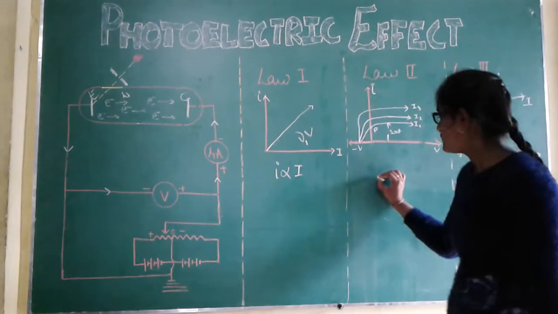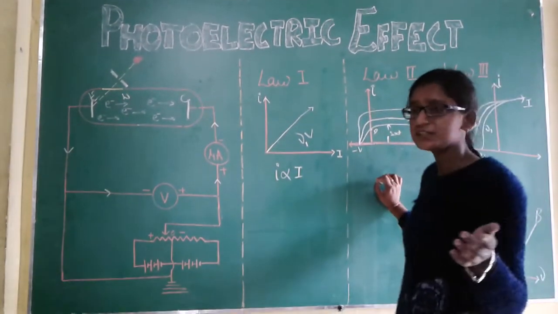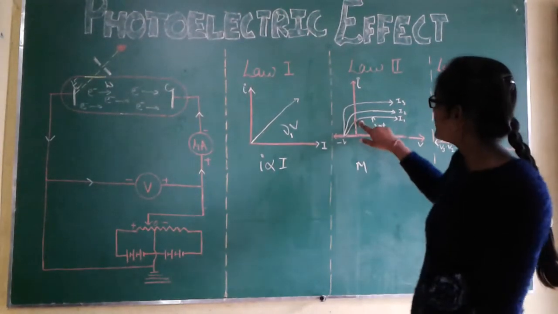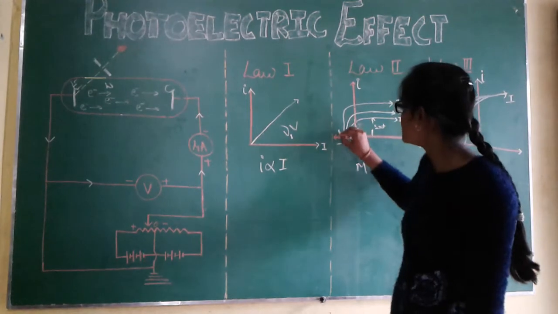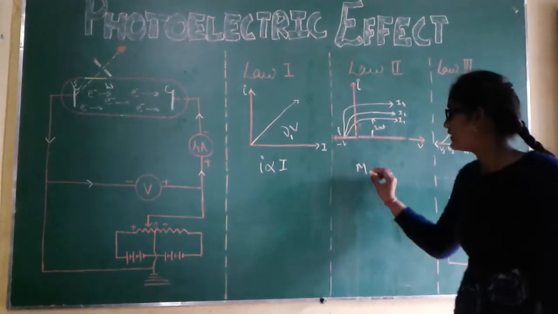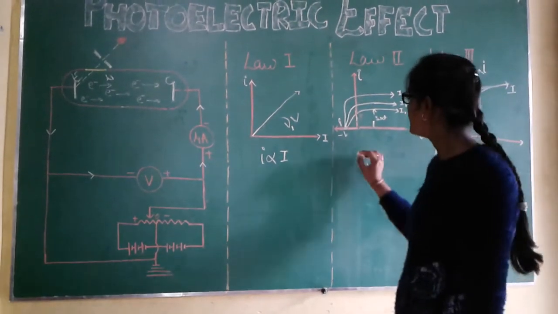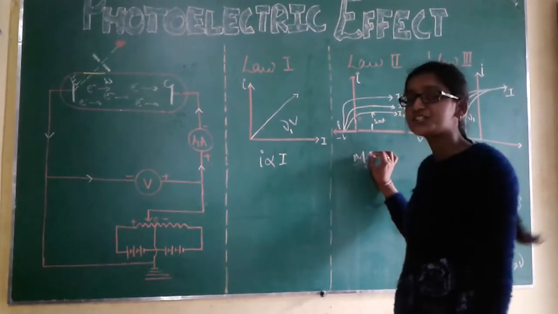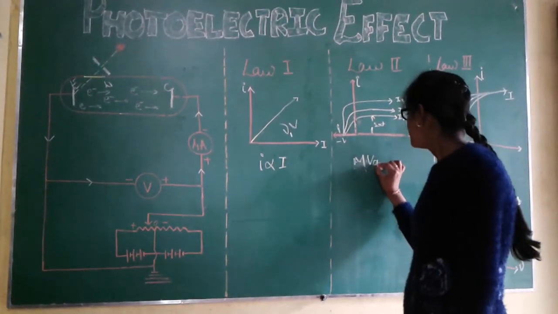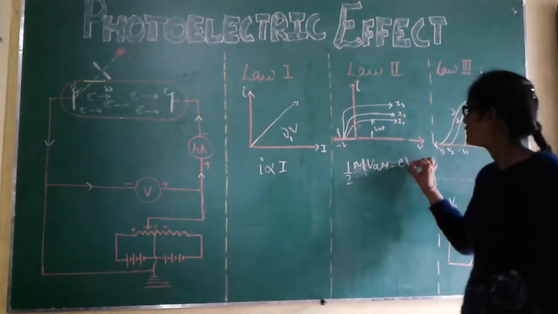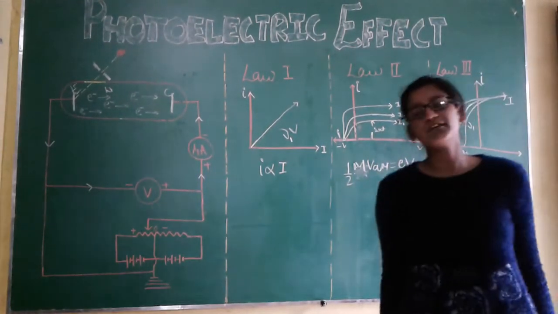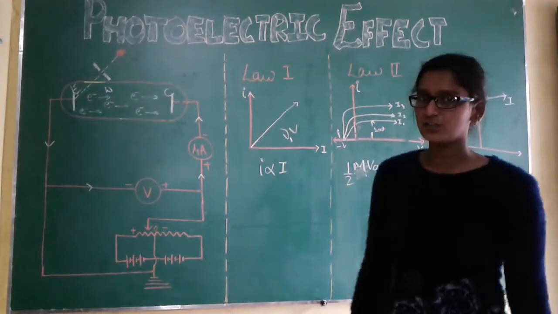Sorry, I pointed this at the cutoff potential, but it is not. Here it's the cutoff potential. If the mass of the electron is m and the velocity is maximum, then half mv square is equal to eV naught. As we all know, half mv square is the formula for kinetic energy.